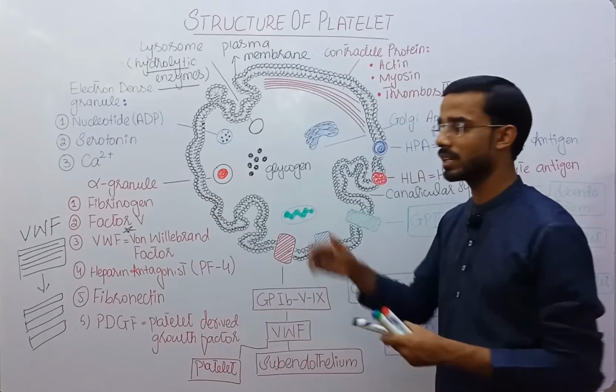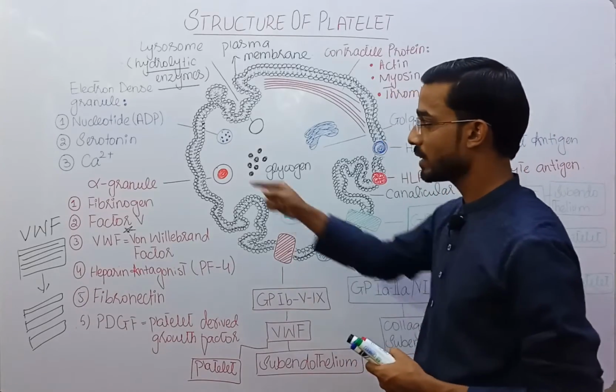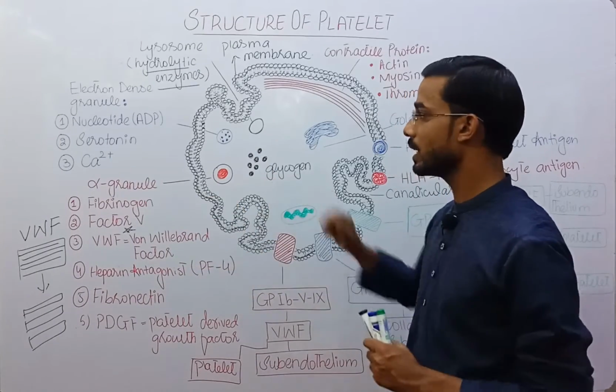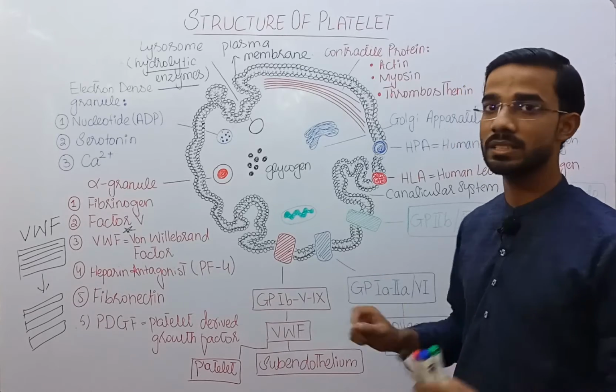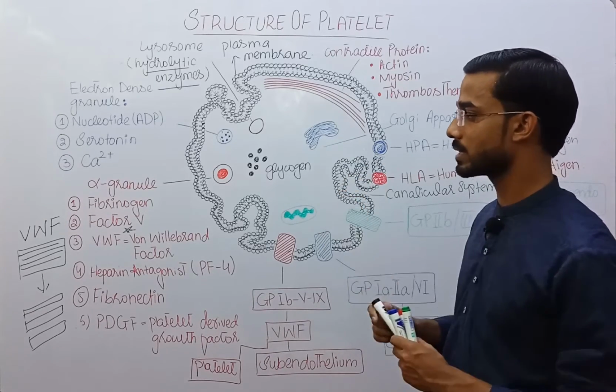We will discuss it in detail in the coming videos, but the focus is on the components present in the platelets. It's just a review of the platelets and what components are present in it.